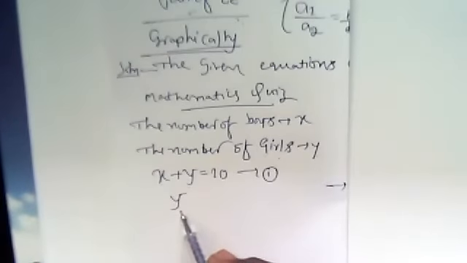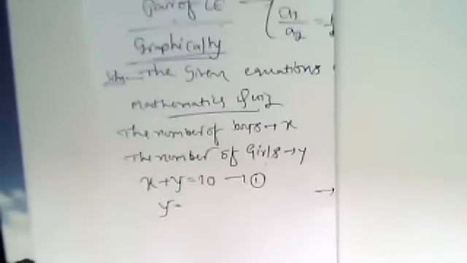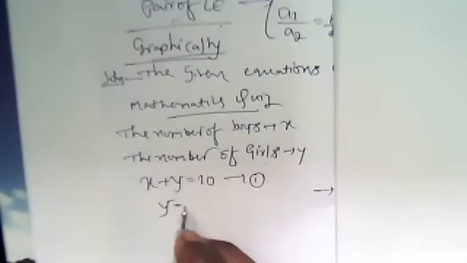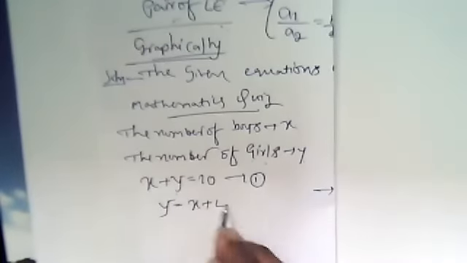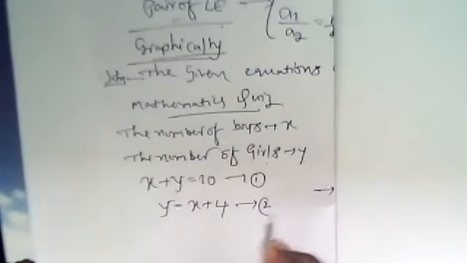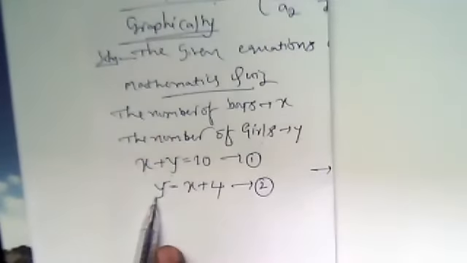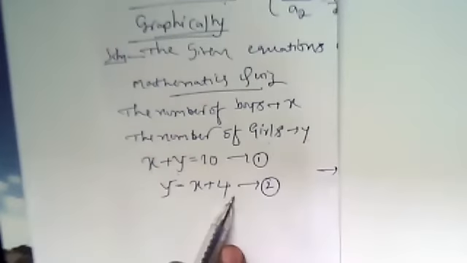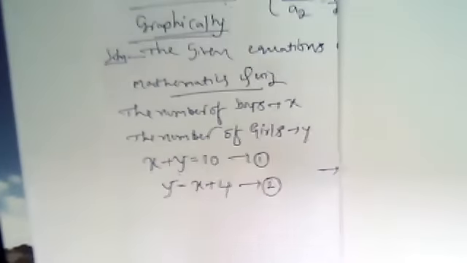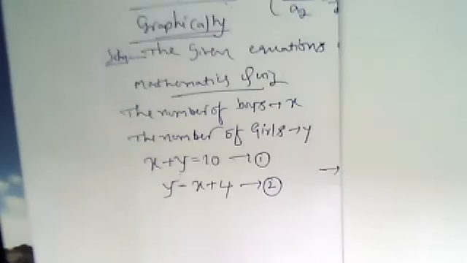Just see the sentence: if the number of girls is 4 more than the number of boys, y is equal to x plus 4. Okay, that is the right answer, because the number of girls is 4 more than boys. Okay, boys ಎಷ್ಟಿರ್ತಾರೆ ಅವ್ರಿಗಿಂತ 4 members, girls are more. Okay, y is equal to x plus 4.